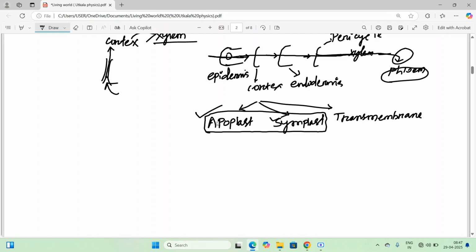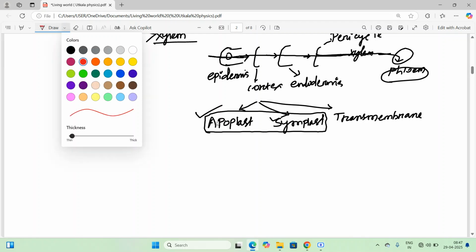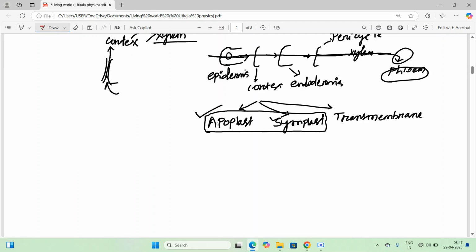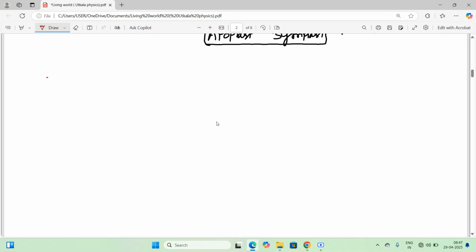In the apoplastic pathway, the pathway essentially involves the diffusion and bulk flow of water through intercellular spaces between cells and the walls of the cells.